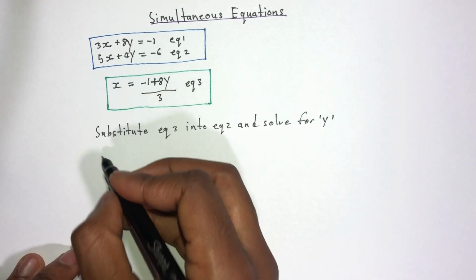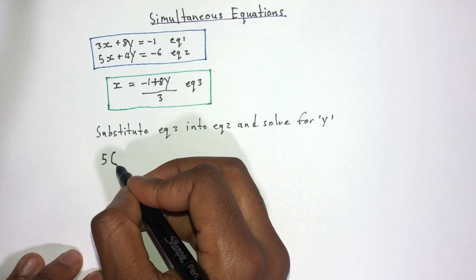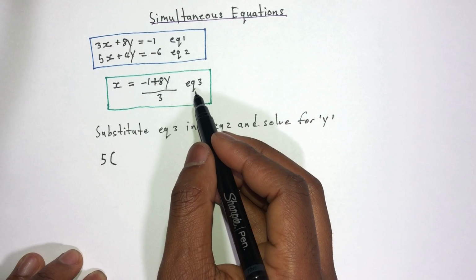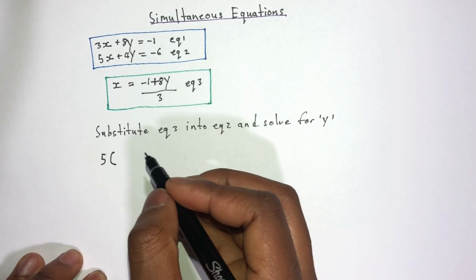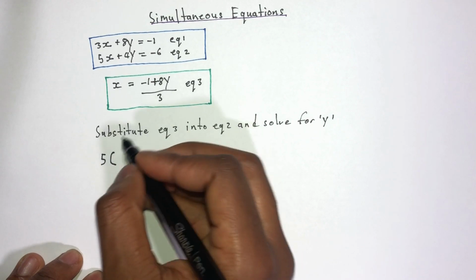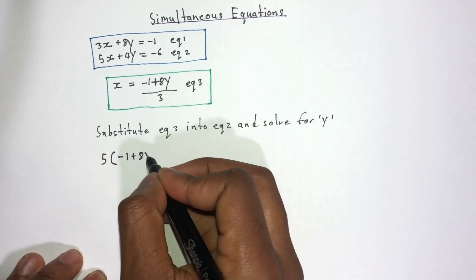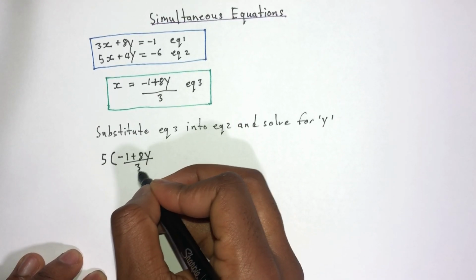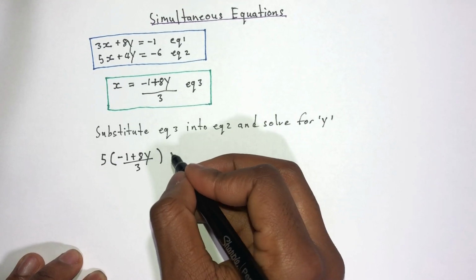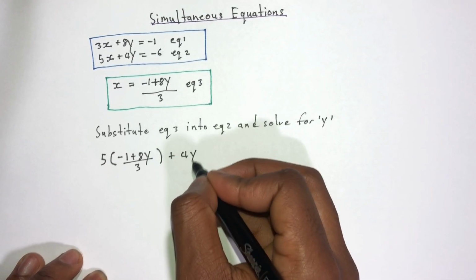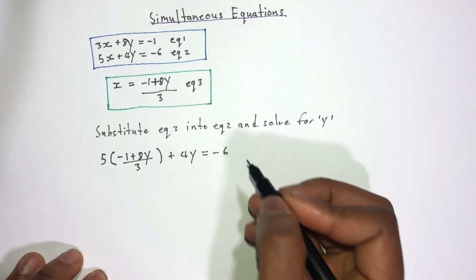And equation 2 is 5x. We know that equation 3 is -1 plus 8y all over 3. Plus 4y equals -6.